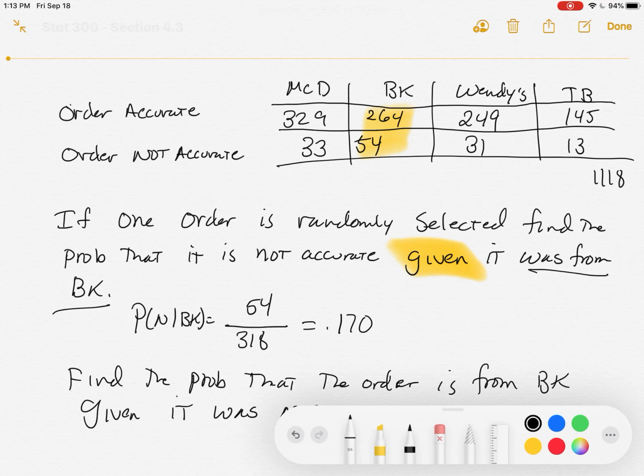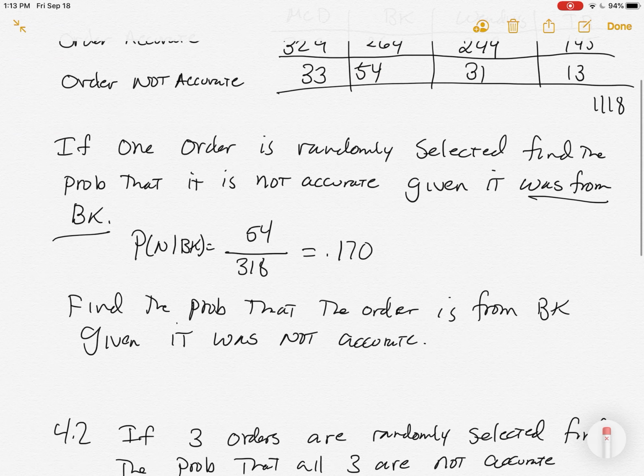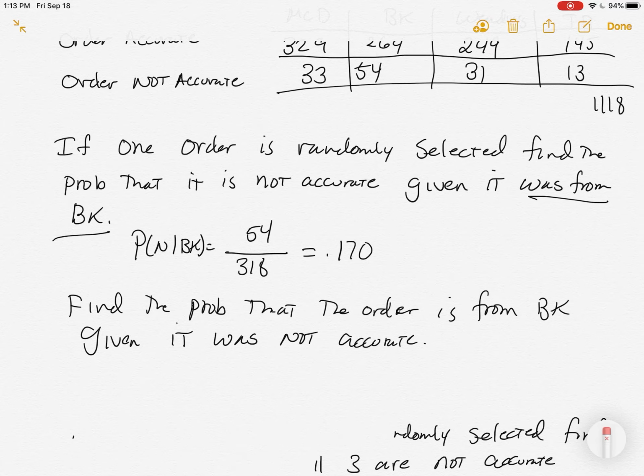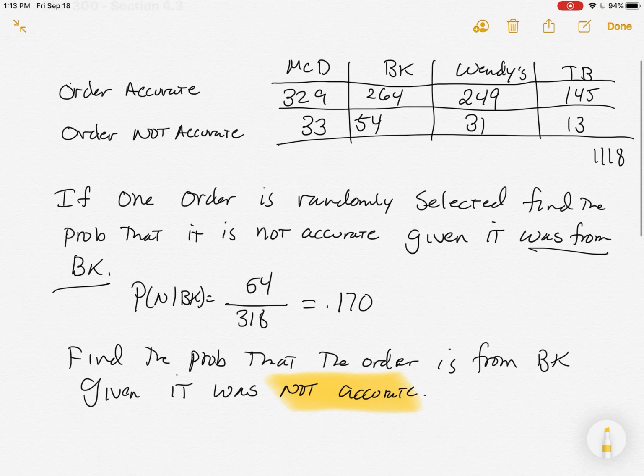Okay, and so they'll ask different questions just like this, and it's easy. You just know that your focus is limited. So what are we limited to? We want to know the probability that it's from Burger King, but what are we given? What do we know? We know that that order is not accurate. So I'll highlight that's what we know. So we know it's part of this row right here. So how many are in that row? I don't know if you remember.